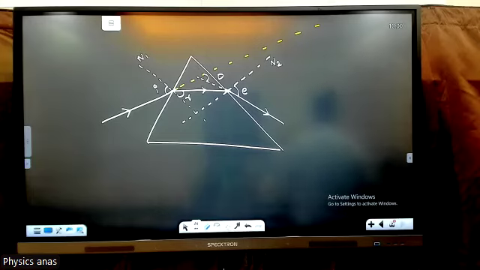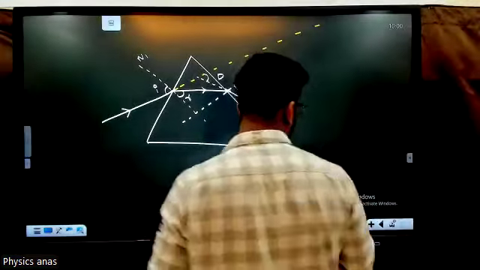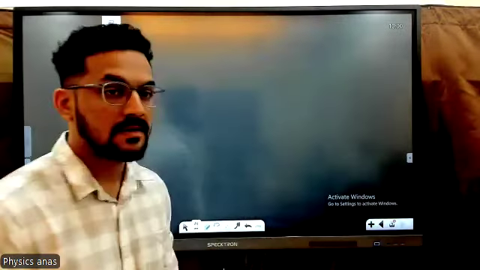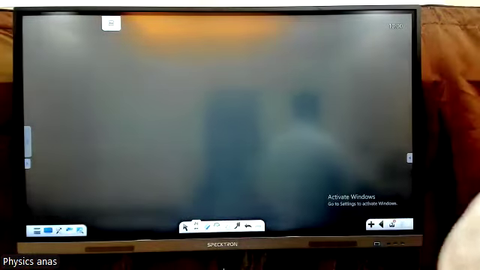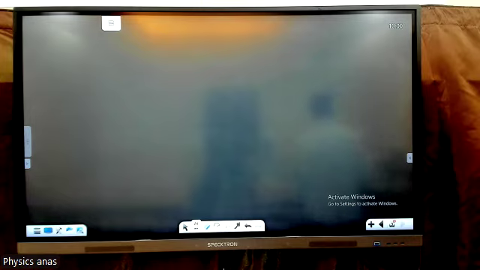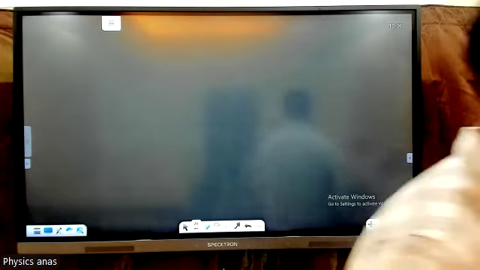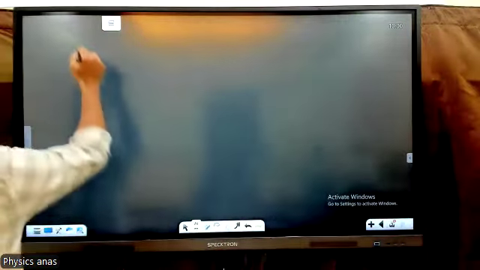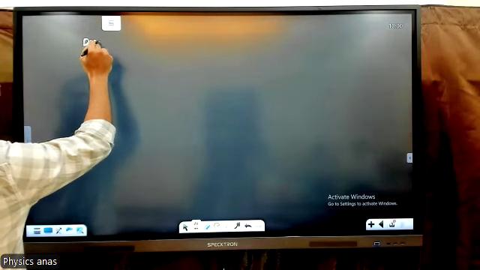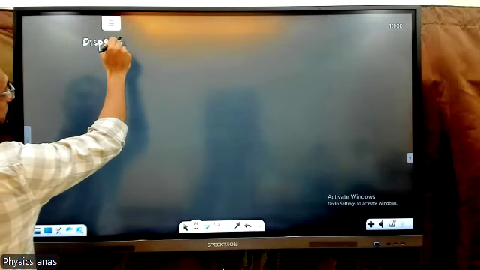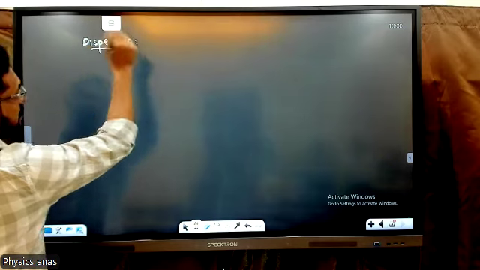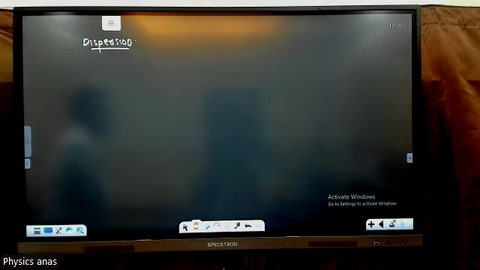That's VIBGYOR. The next topic we are going to study, or we did study, was dispersion. There is a phenomenon exhibited by light, which is called dispersion. What was dispersion?